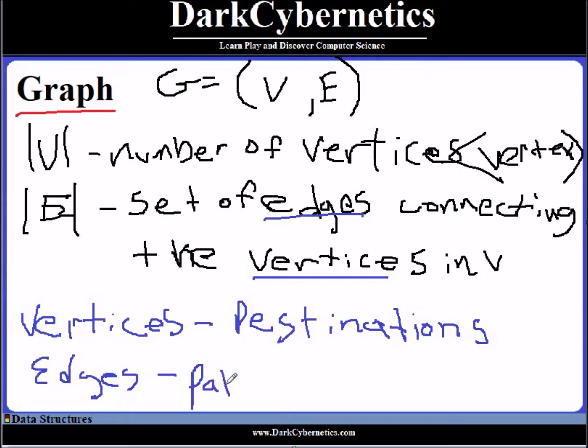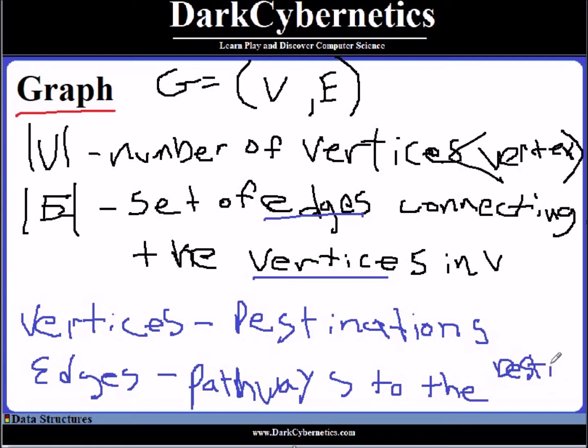We can say that the edges are the paths, ways to the destination. I believe we'll run out of room here, and we will just abbreviate destination with a few letters here.